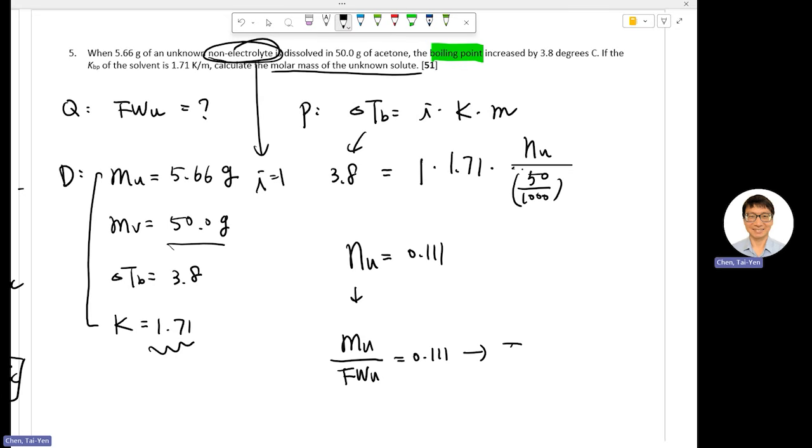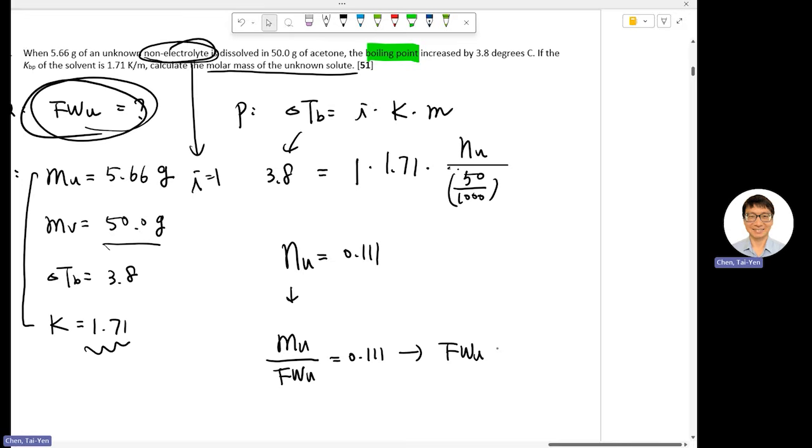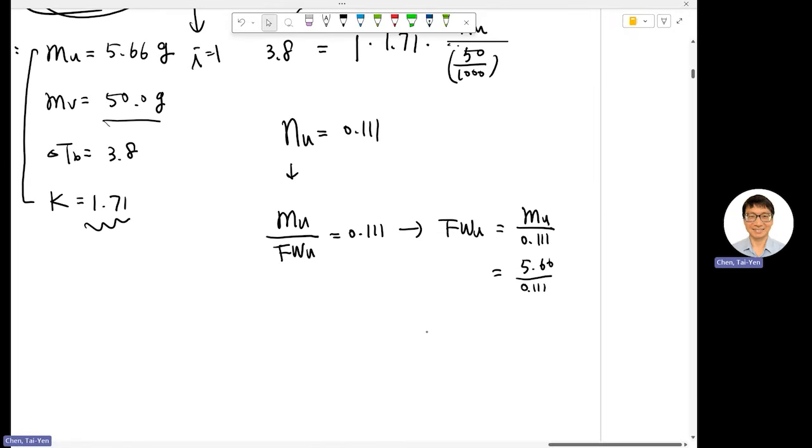Therefore, to calculate the formula weight of your solute, which is what you're looking for, it simply equals the mass of your solute divided by 0.111, which is 5.66 divided by 0.111. Therefore, the formula weight of your solute equals 51.